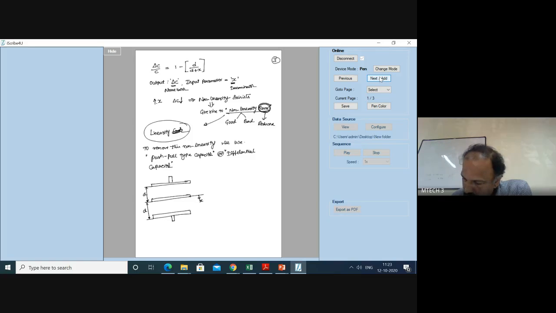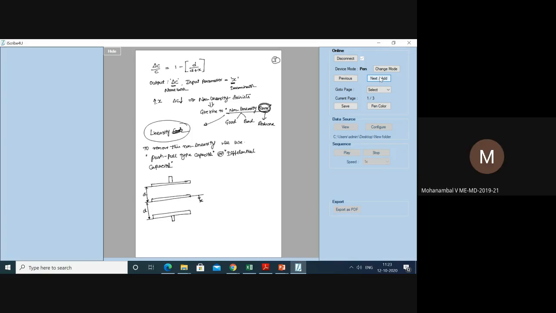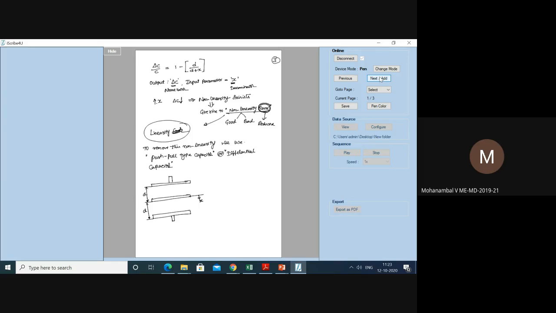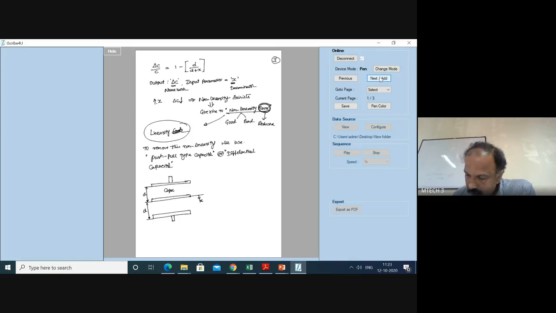Try to understand carefully the central plate. With this combination, how many capacitances are you going to get? 1 or 2 or 3? 2. Okay, one is called capacitance C1. The top one and the middle one will form one set, giving capacitance C1.